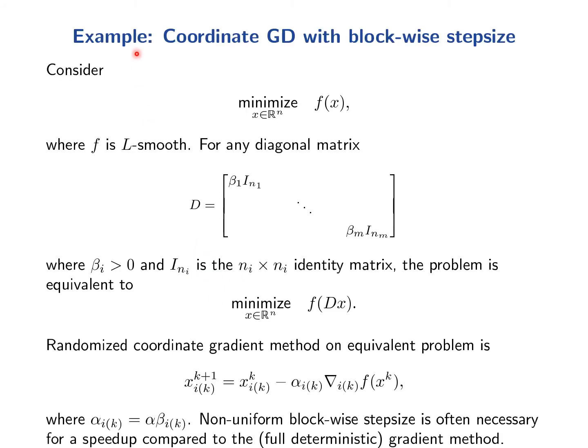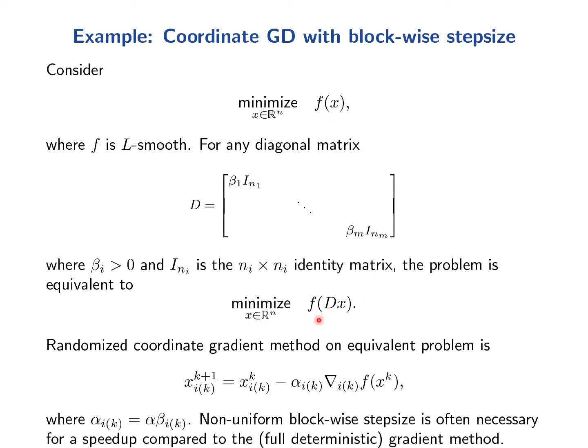In this next example, we generalize coordinate gradient descent to let different blocks have different step sizes. Consider minimizing an L-smooth function f of x. Introduce this diagonal matrix, where the i-th block is beta_i, and all the beta_i's are strictly positive. With a free x, the expressing power of Dx is the same as that of x.